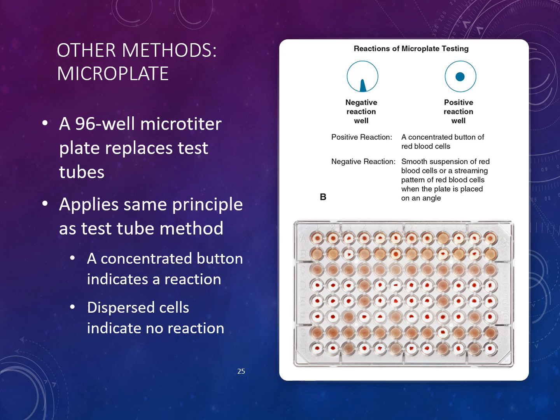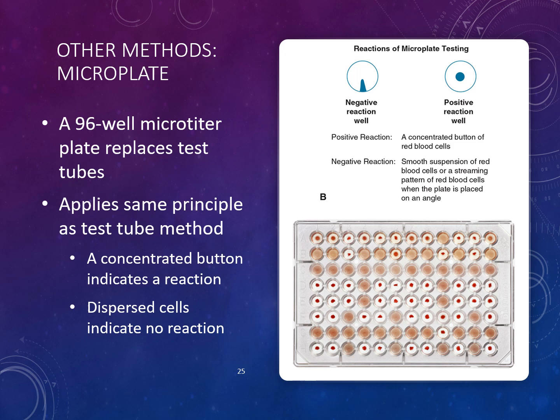Now in blood bank, you can do tube testing. Another alternative to tube testing would be using a microplate. That reduces the volume that is used and simplifies it down into one big plate for all of your reactions.